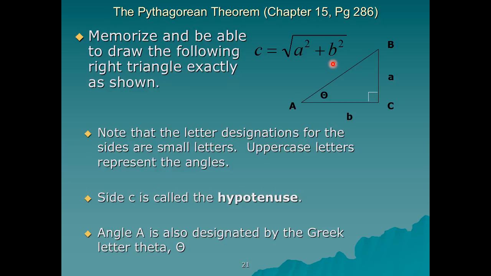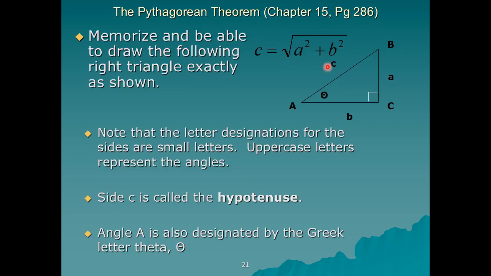For example, if the angle is capital C, the opposite side would be lowercase c. If the angle is A, this is the opposite side, which is small a. If the angle is B, this is the opposite side of this angle, small b.